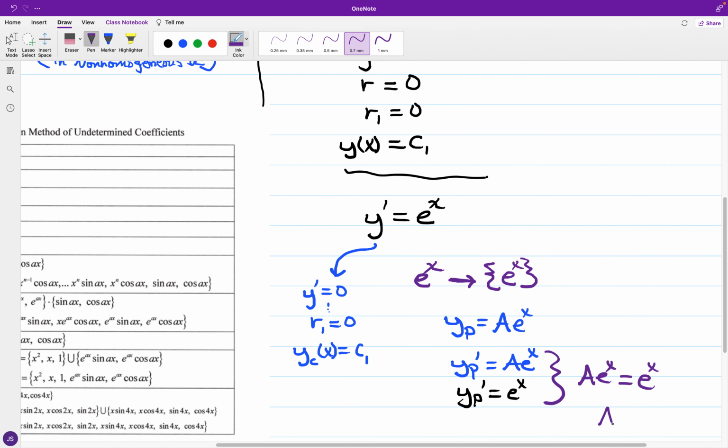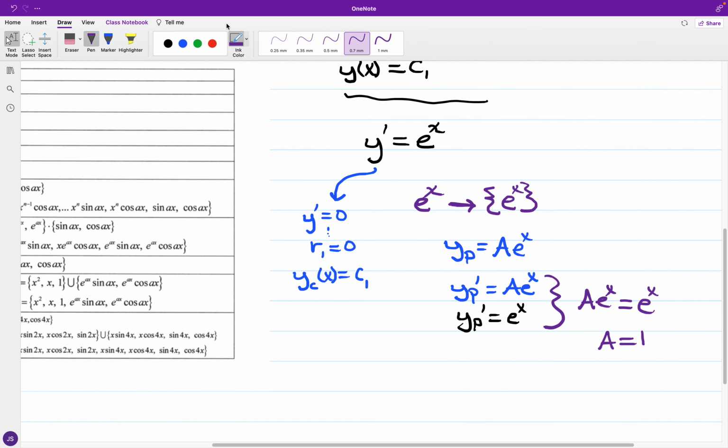And guess what? A is going to be equal to 1. And with the value of a determined to be 1, it's going to turn out that y sub p is just going to be 1 e to the x, or just simply e to the x.